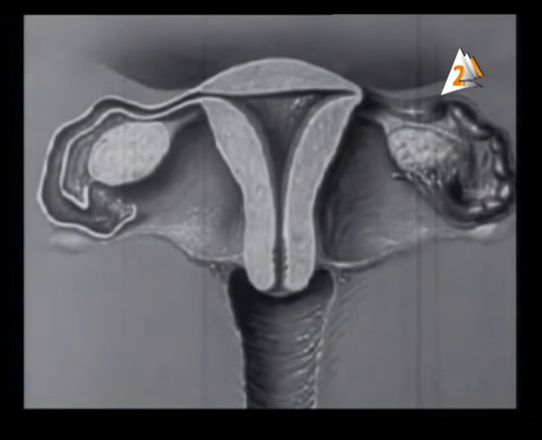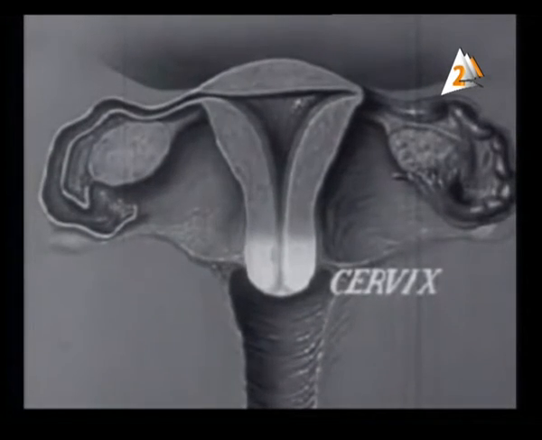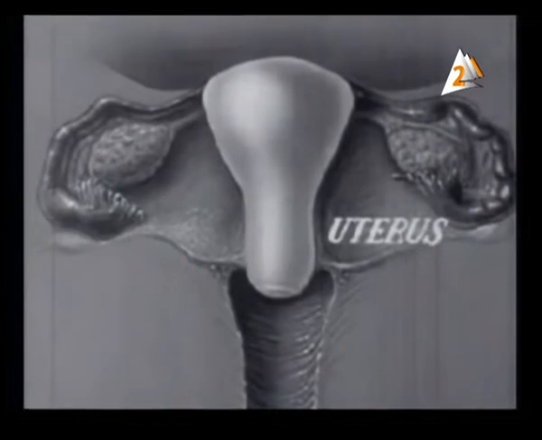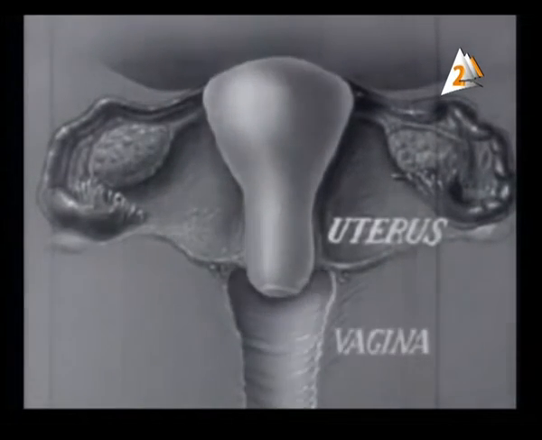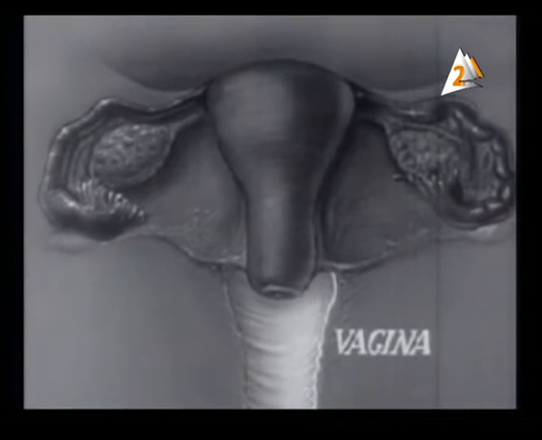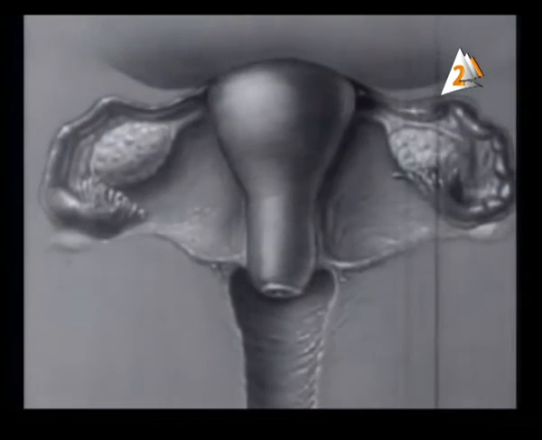So the fallopian tube is connected on one side with the uterus, and on the other side it is opposite to the ovary.